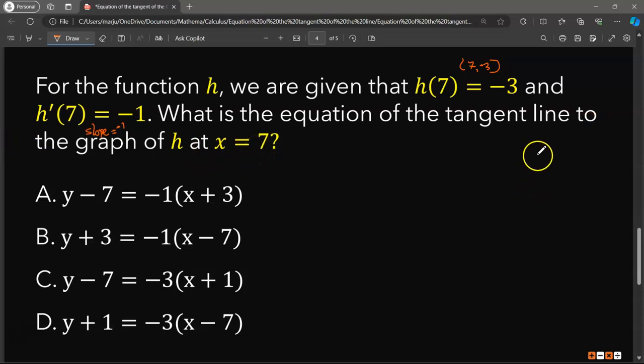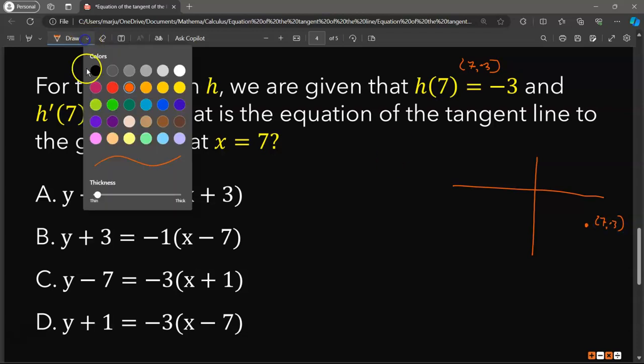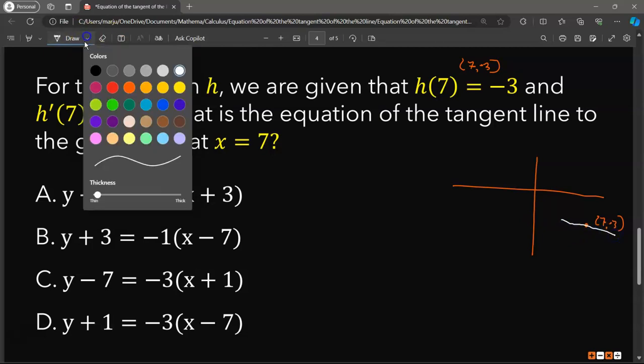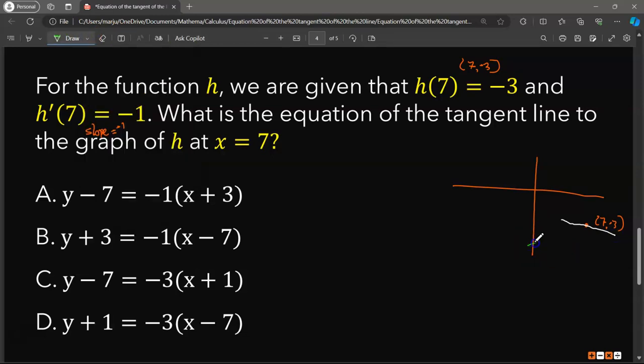Again, if we have a Cartesian plane, say for example, this is 7, negative 3. We are asked to find the equation of the line tangent to this graph that passes through this point.